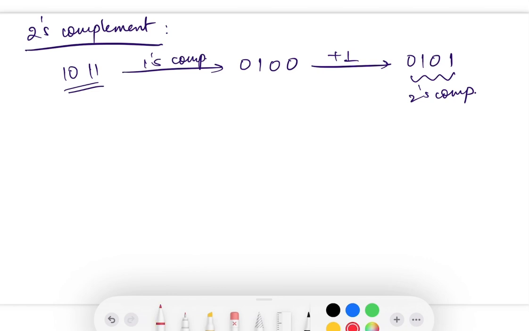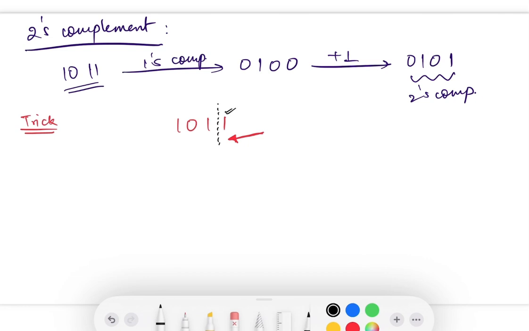To calculate 2's complement, again there is a trick. We got the trick for 1's complement: invert each bit of number n. Now the trick to calculate 2's complement. Let's say we take the same number. Look into the number from the right, and wherever the first 1 occurs, draw a line.